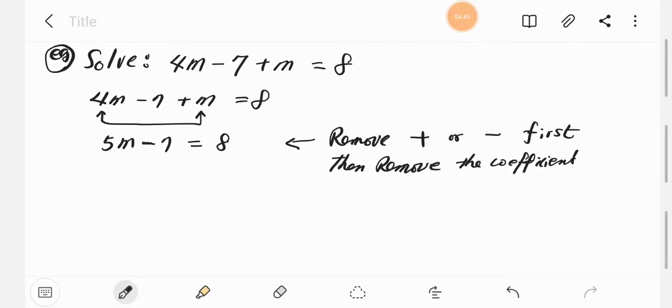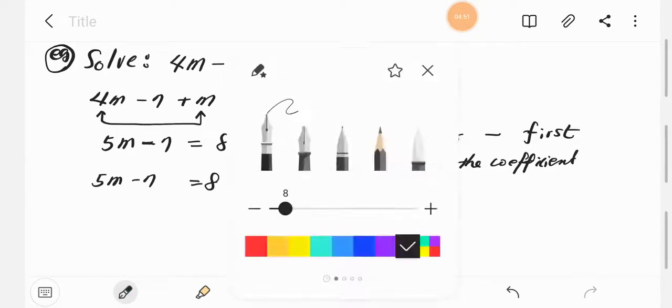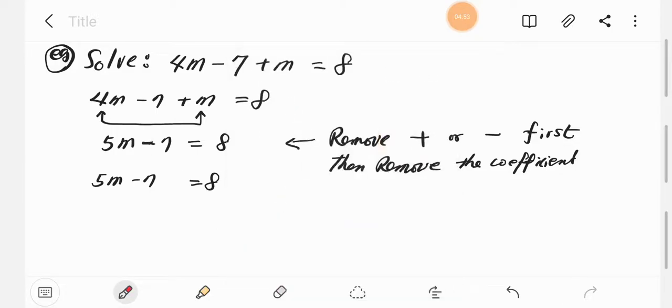So what we do is, since this is a minus 7, add the opposite of negative 7, which is 7, right? So add 7 to each side.